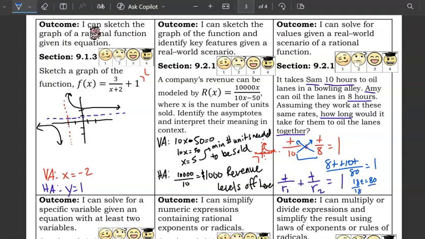Divide that by 18. And then we have 40 over 9, which is about 4.44 hours.